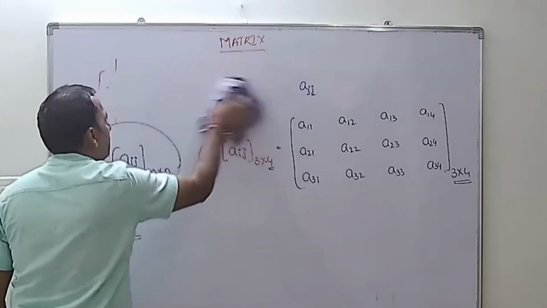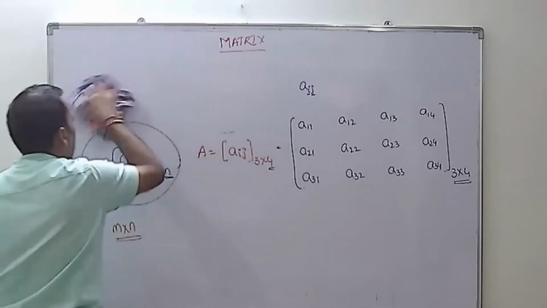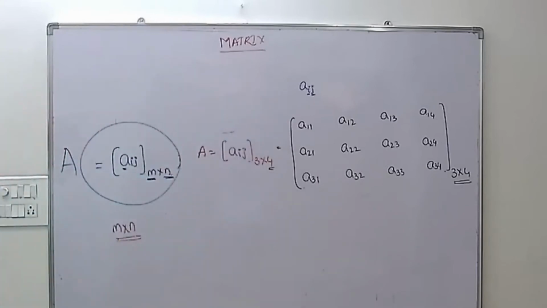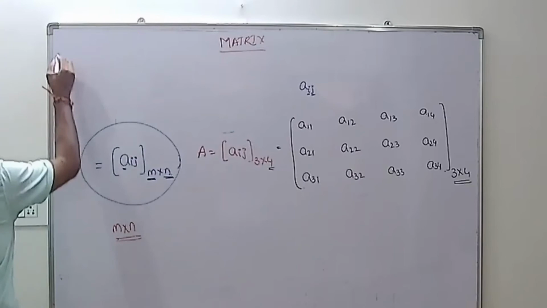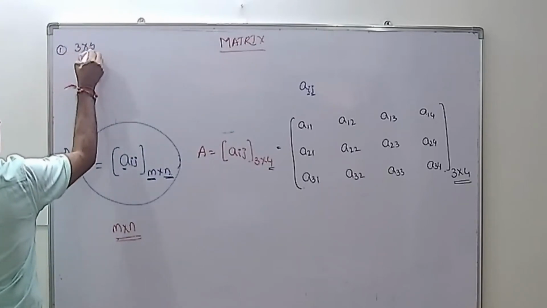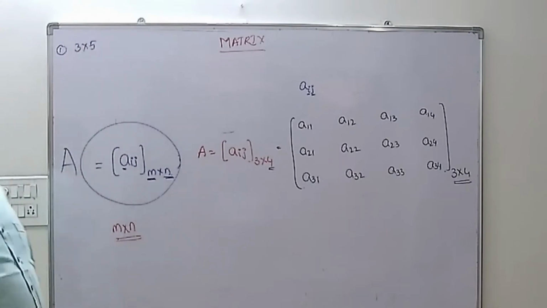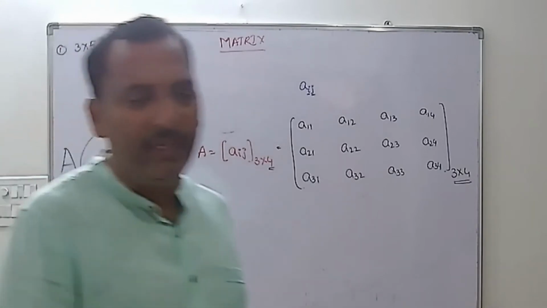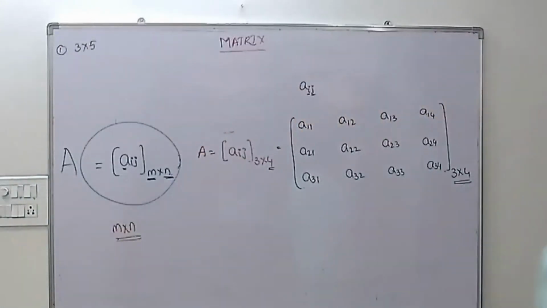Examples. The order of a matrix is 3 by 5 implies dash.